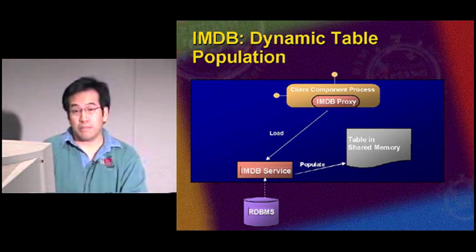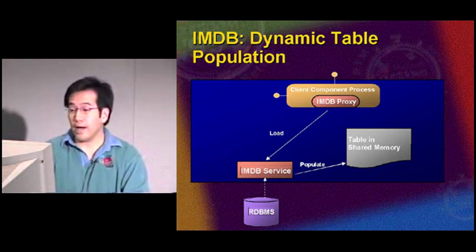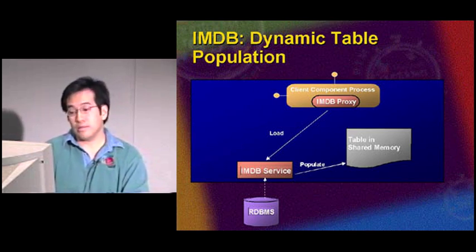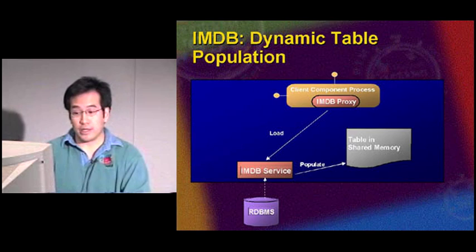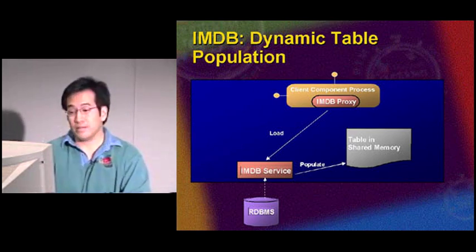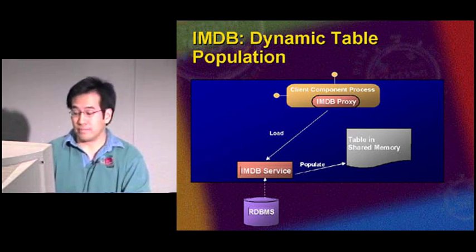In this case, the component which runs the IMDb proxy DLL in process will make a call to open a record set over a SQL Server or Oracle table which has been defined to be connected via IMDb.